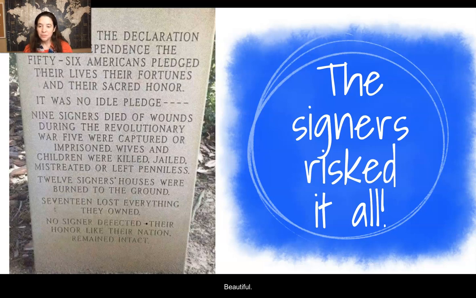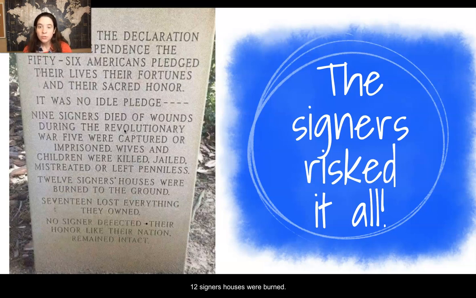This beautiful plaque talks about how the signers of the Declaration were risking everything. Nine signers died of wounds that they sustained during the Revolution. Five of them were captured, put in prison. Their wives and children were killed or put in jail or mistreated or left with nothing.